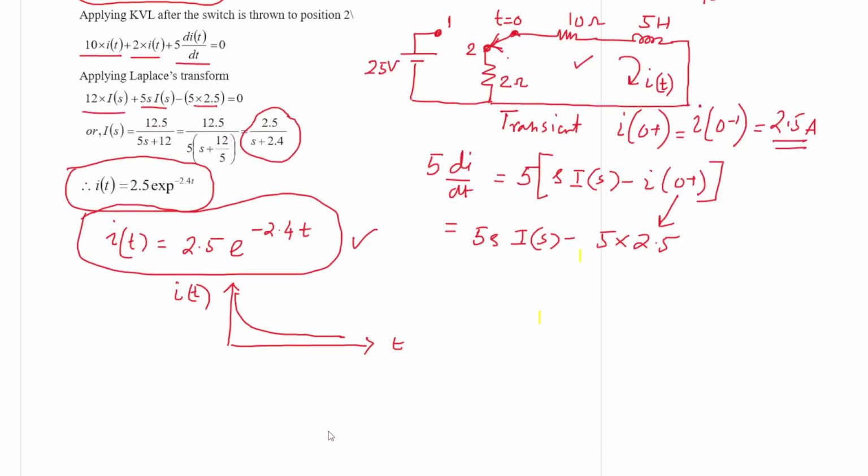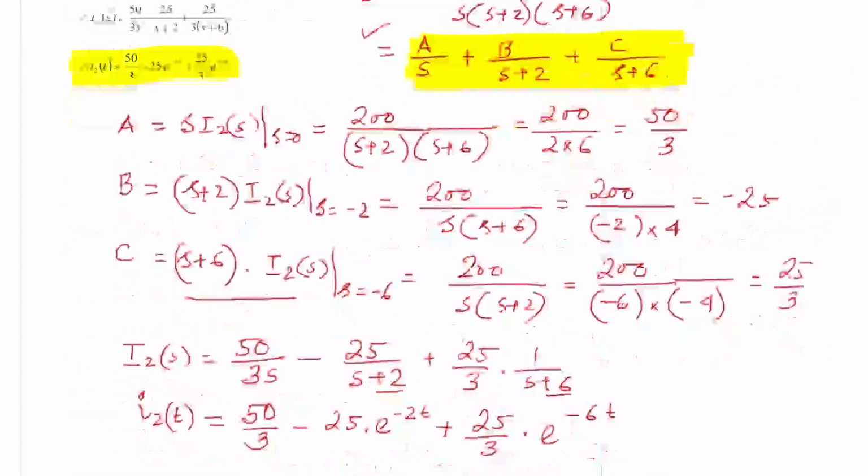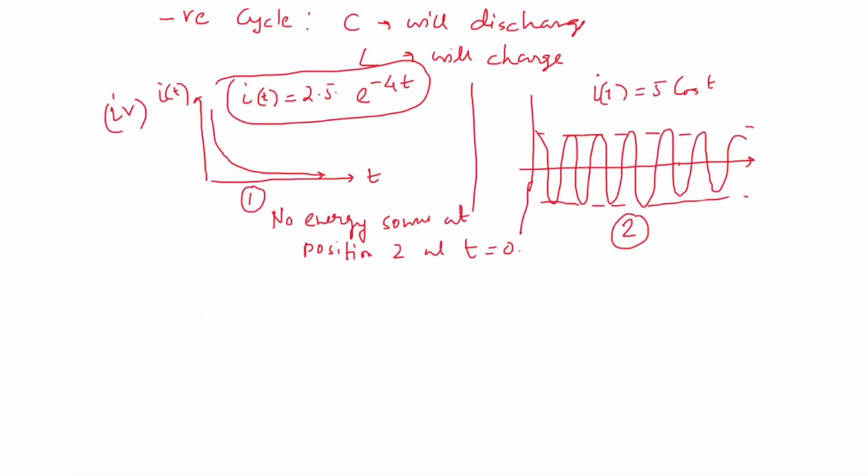For this network, what are the components present? R and L are present. So whatever decaying is done, it is done through this resistance. Resistance is the reason, because in figure 1 we have resistance present, and in figure 2 we have no resistance.